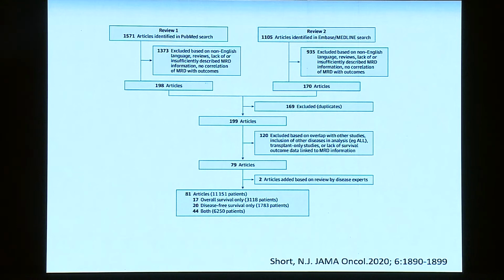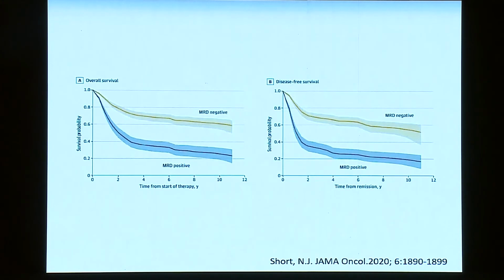There were 17 articles with overall survival, with around 3,000 patients, 20 articles with disease-free survival, and another 44 articles with both. Their conclusion was that patients who are MRD negative are superior in overall survival and also in disease-free survival compared to patients who are MRD positive.